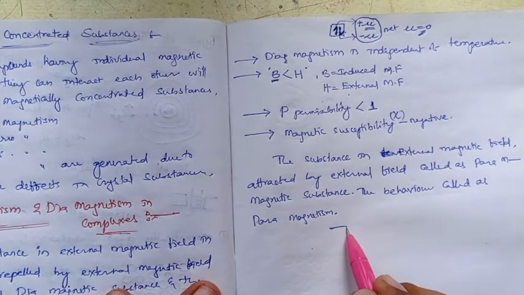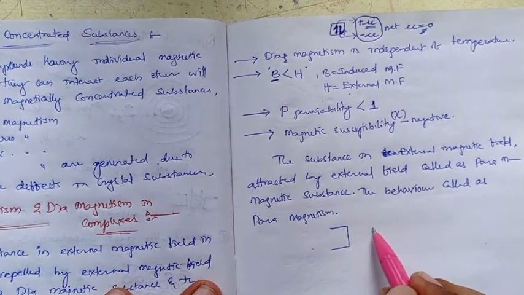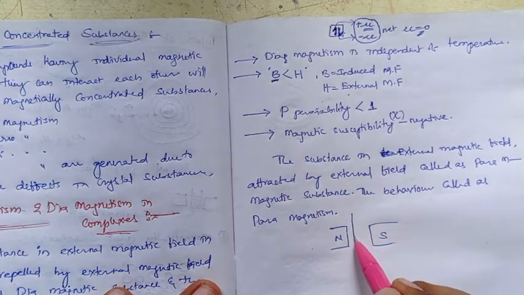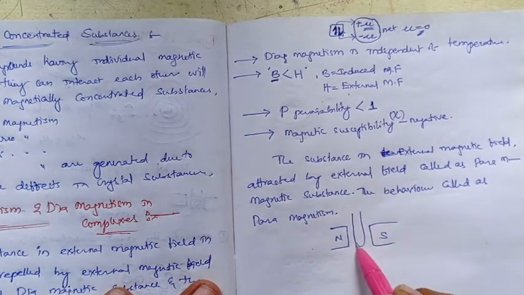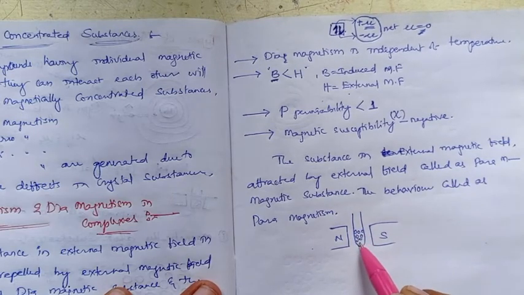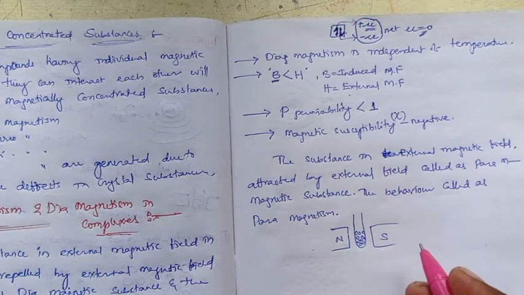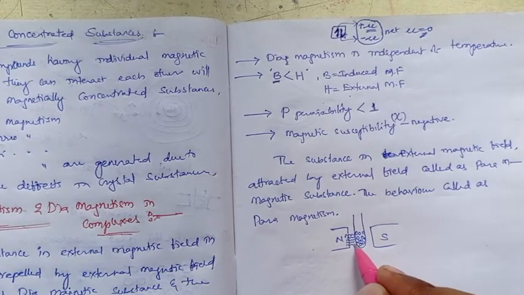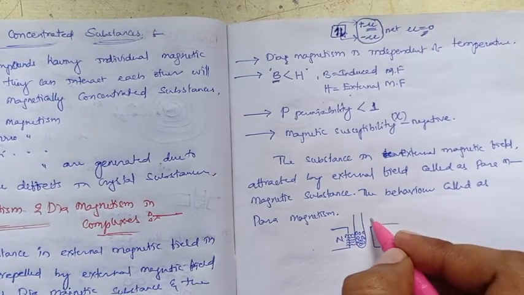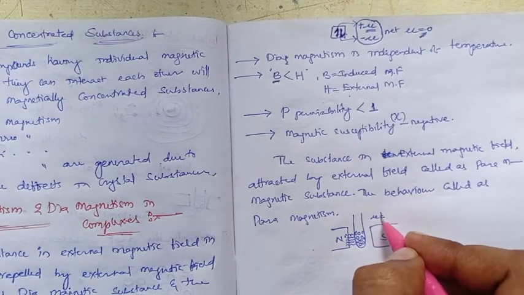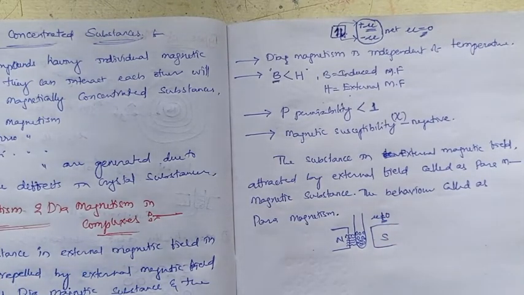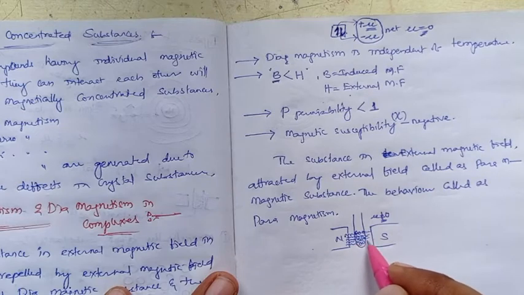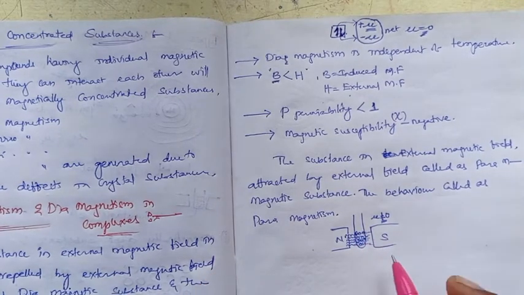Why is this happening? Let us see. Considering a paramagnetic substance in an external magnetic field, initially the external magnetic field starts to flow from one end to the other, and the paramagnetic substance, having a magnetic moment value, allows the magnetic waves to flow through the substance, right?